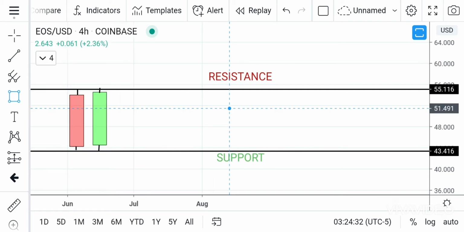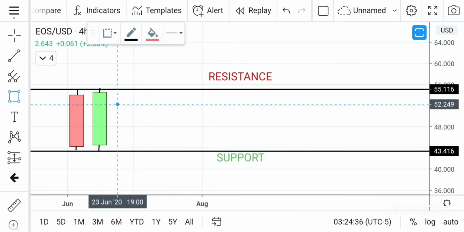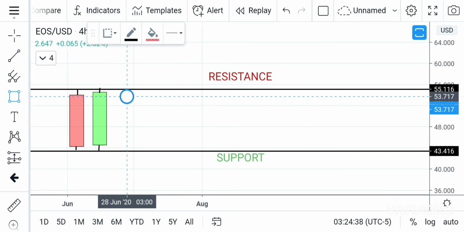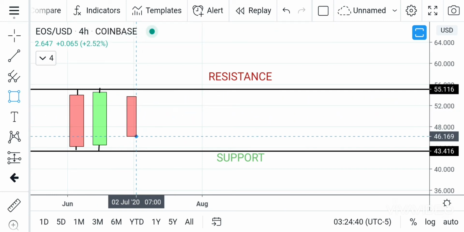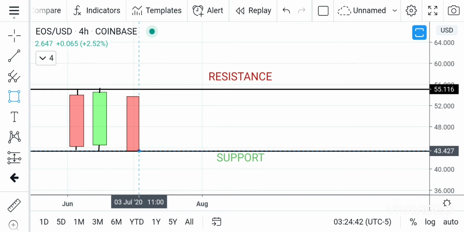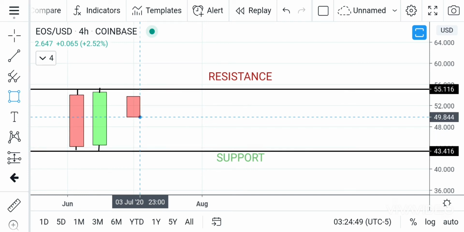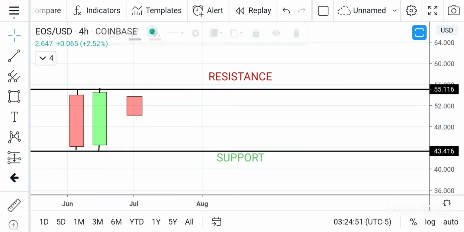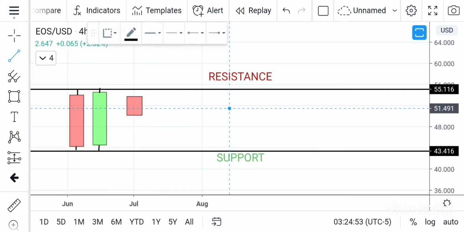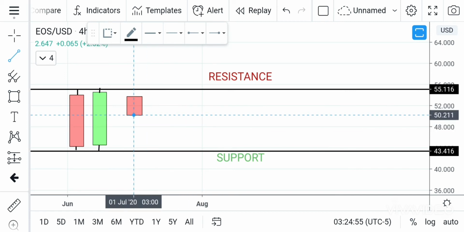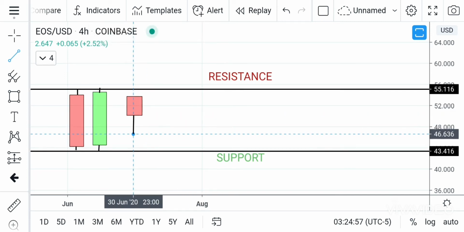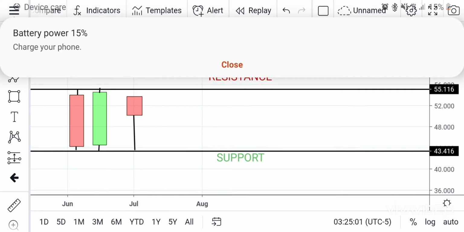Let's say from here around the resistance, they are pushing it down to support. And once it gets to support, buyers start coming in and they push the price back up to here. To show that the buyers have pushed the price up, you will see a line like this. We call it the wick of the candle.